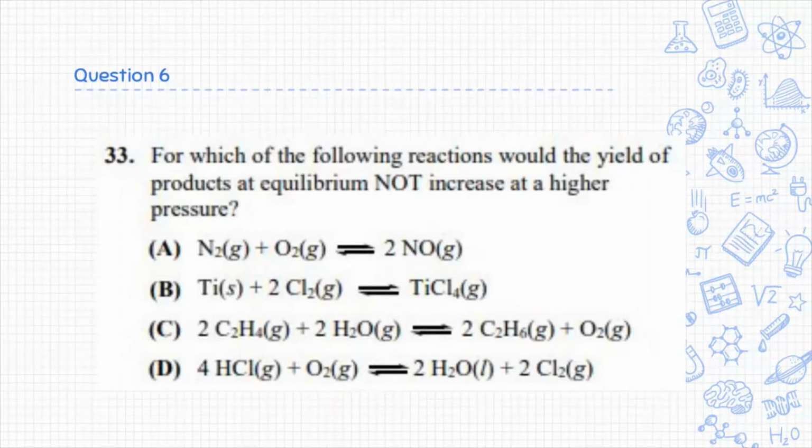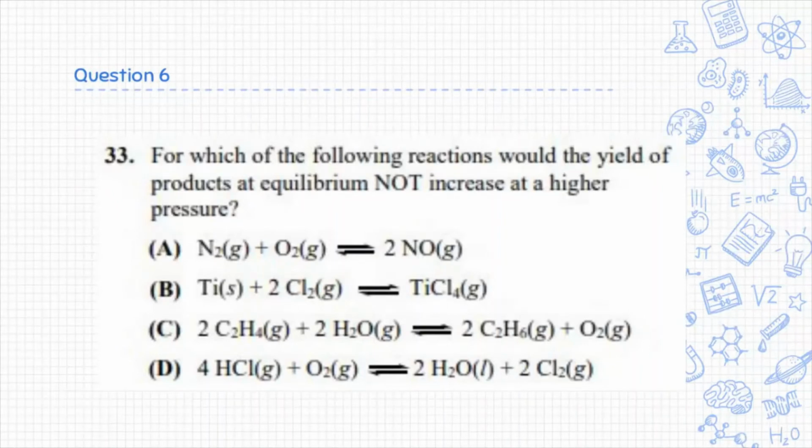Basically, to answer this question, you have to ask yourself which one either has the same amount of gas molecules in the reactants and products, or does not contain gases in the reaction itself.